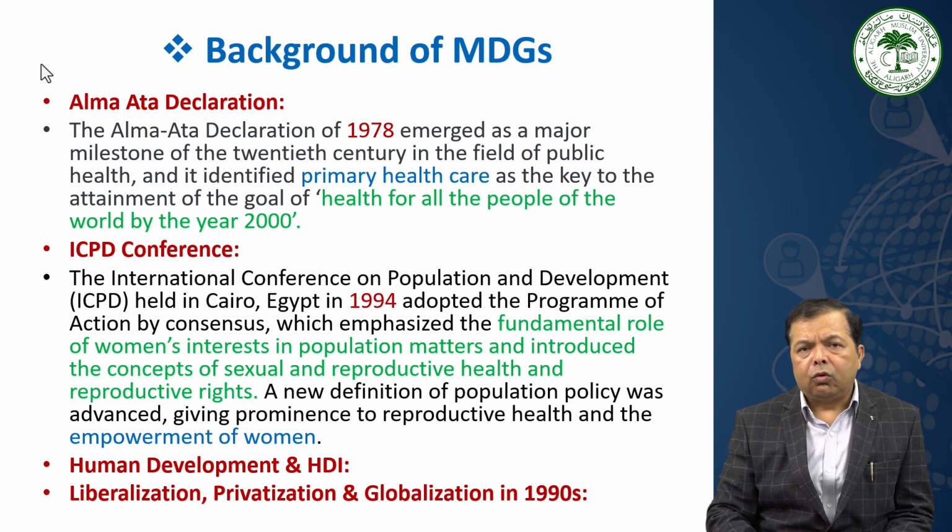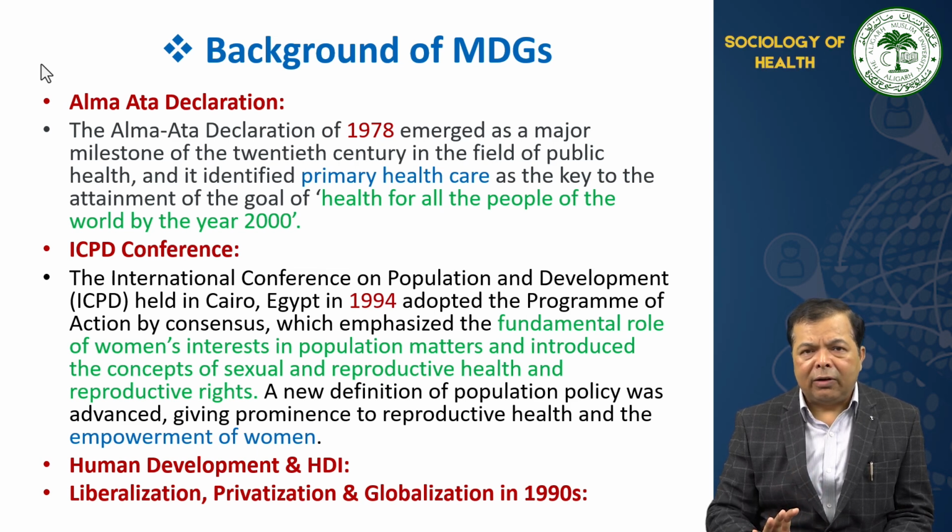First was to adopt the primary health care approach. Second was to have the target of health for all. And third was a timeline for that. The target of health for all was to be achieved by the year 2000, right?